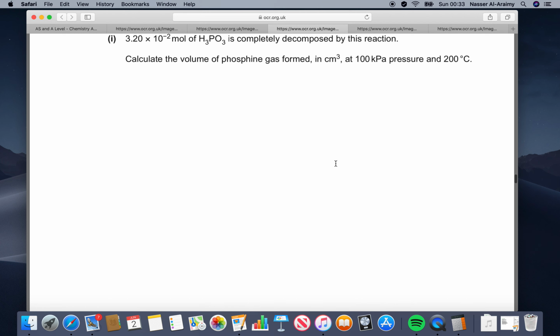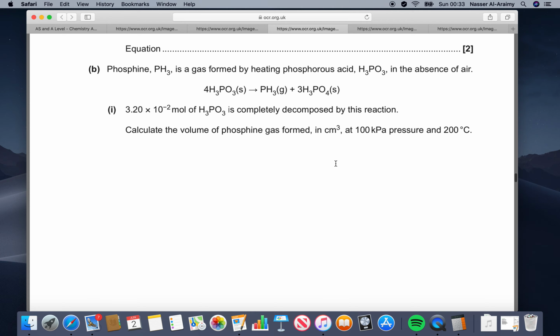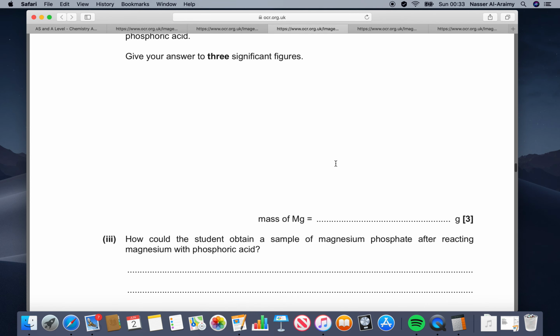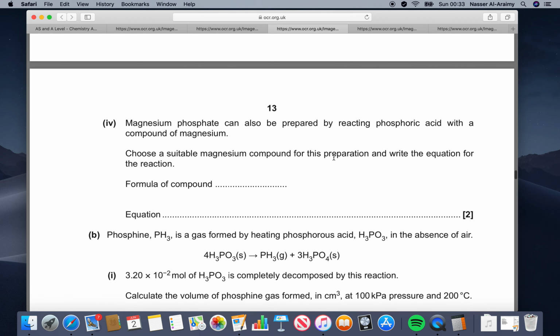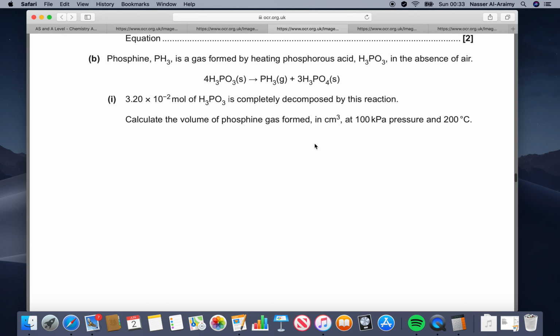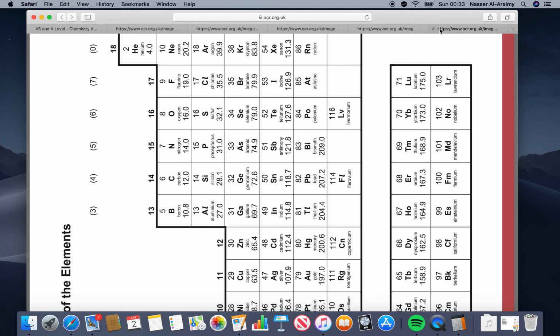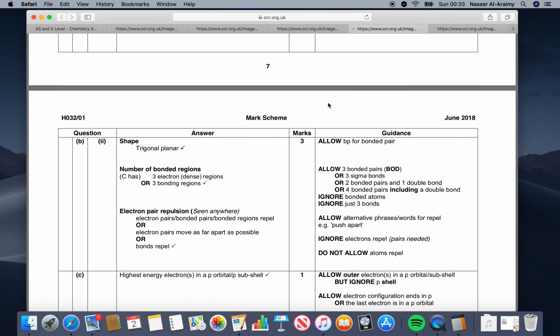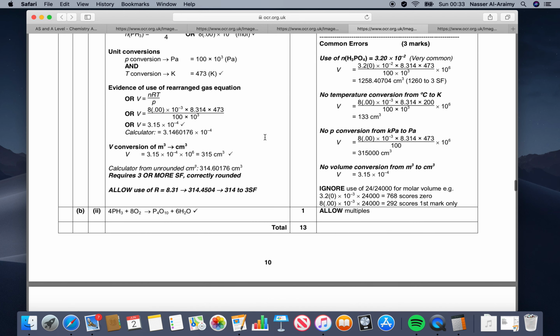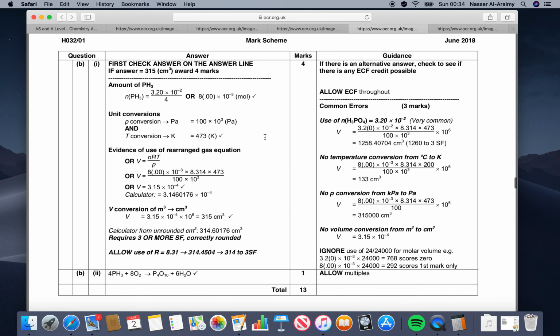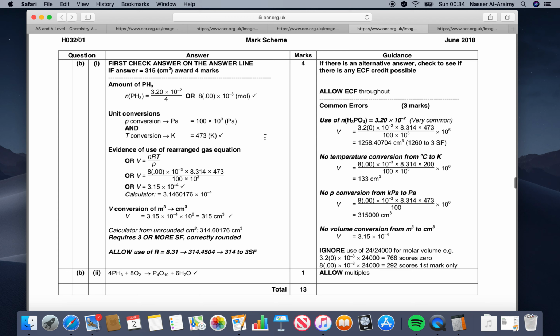Try the question. Like, what is this? This is 22, 22B. So this is one of these. This is a PVNRT question.